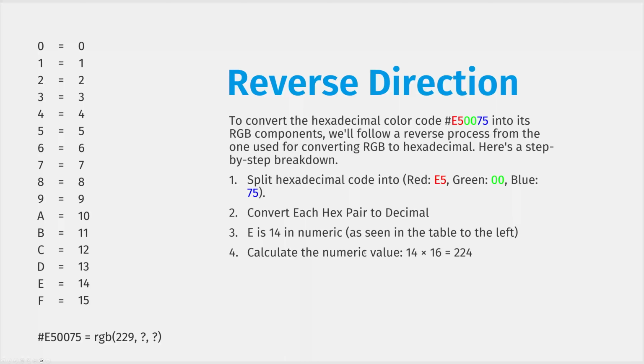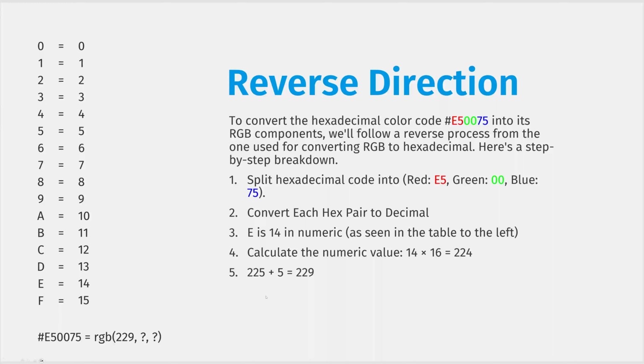Now calculate the numeric value by saying 14 times 16. So instead of dividing by 16 like we did previously, we now go back and multiply by 16. And we get 224. This is the whole number part we divided, not the remainder.